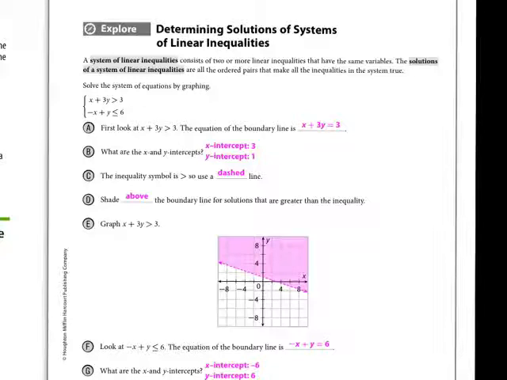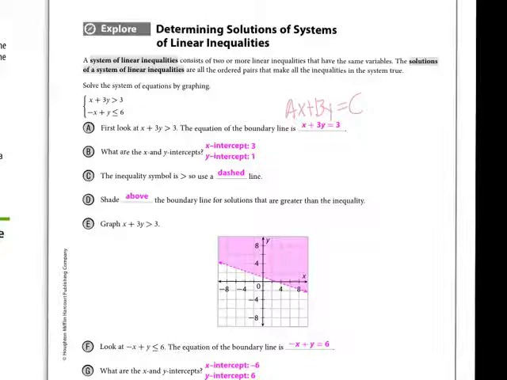Let's look at the first explore example because they only did one line. If you take a look here, you can see that this equation is in the ax plus by equals c form, which means that you can use intercepts to solve.